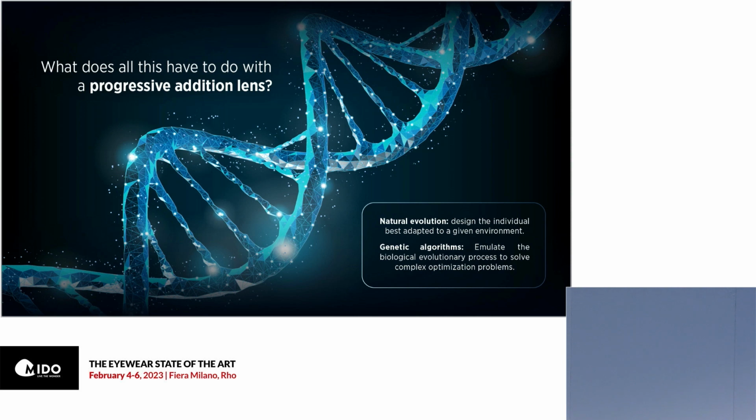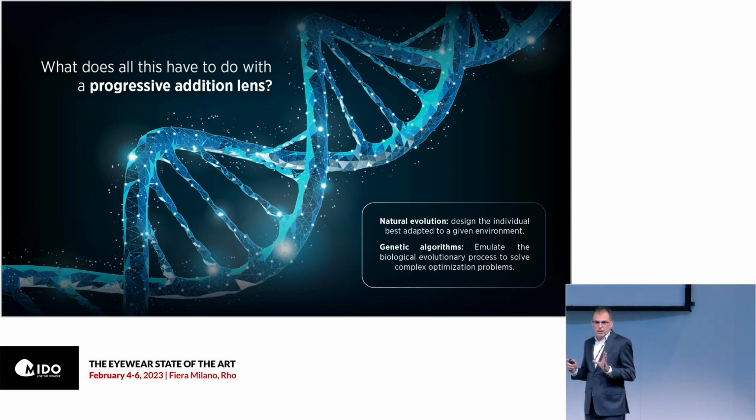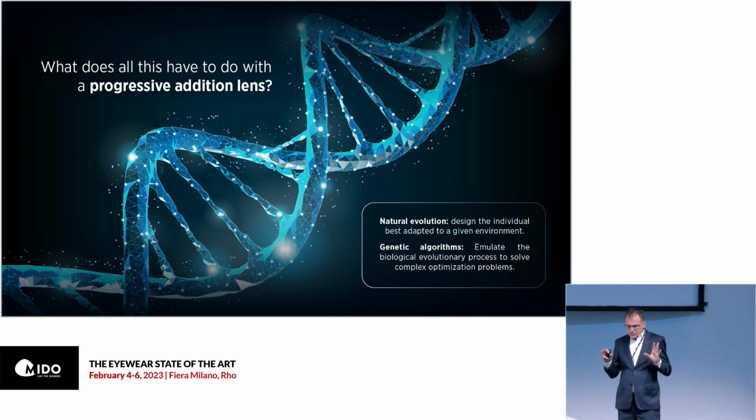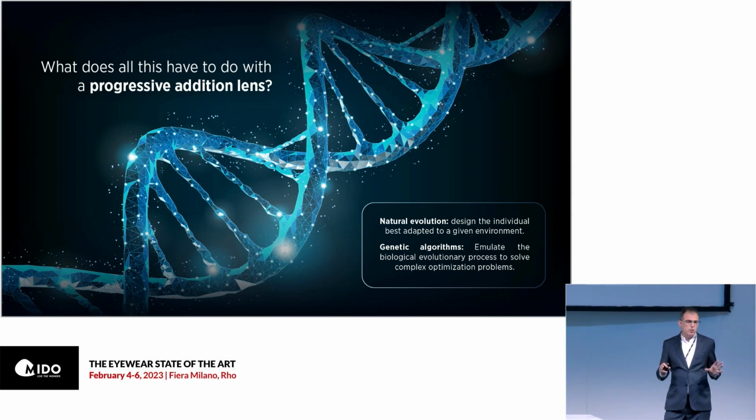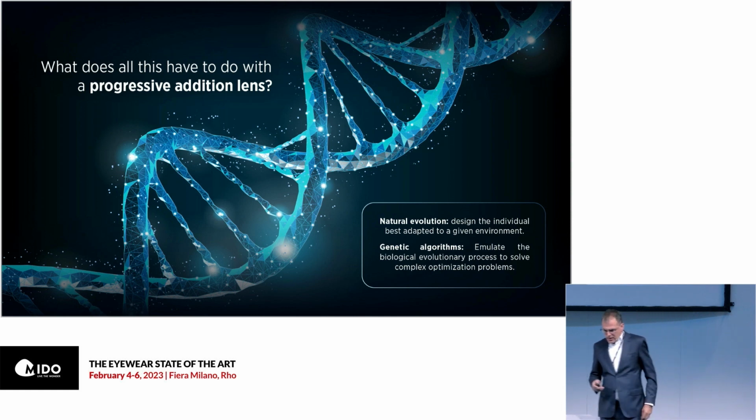So the relationship between biological evolution and a progressive lens is that in both cases they are complex problems, and what is possible to do is work with genetic algorithms in order to optimize the surface. And is that what we really made?